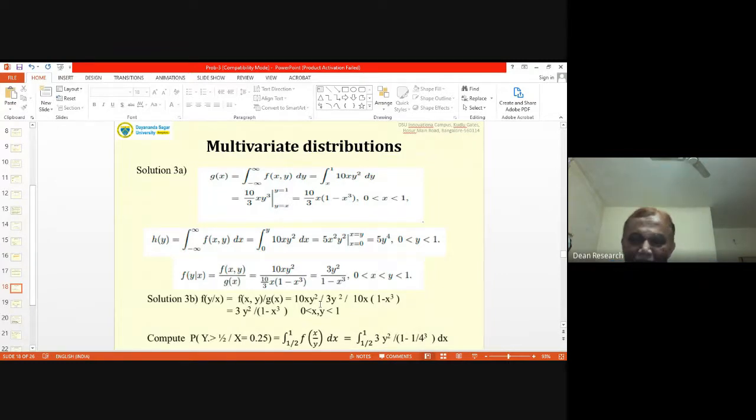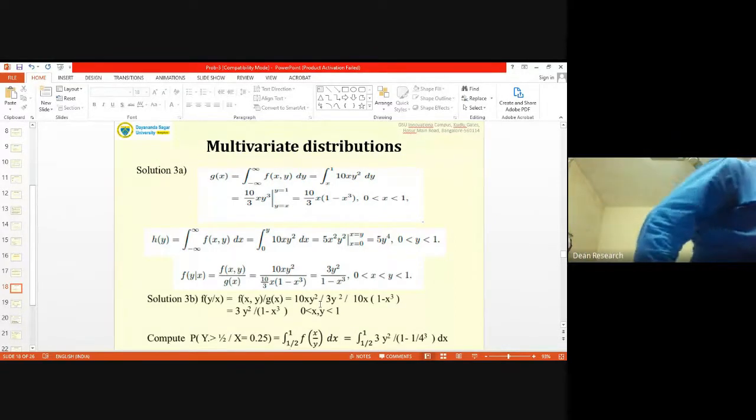Somebody can compute and let me know. I skipped one line. I'll have to see my notebook to check what I have skipped. Those who are good at integration, please write the f of x given y formula, then integrate with respect to x and compute the value. Let me get the notebook.